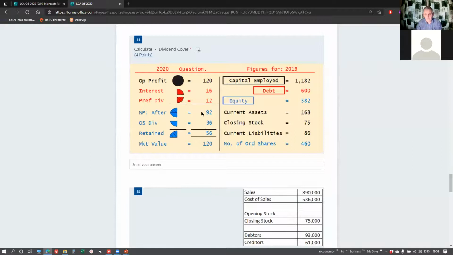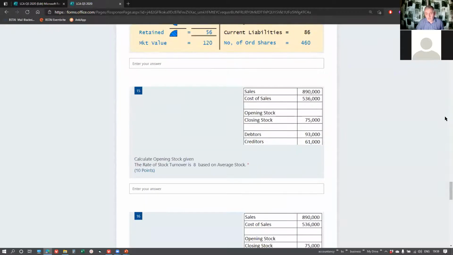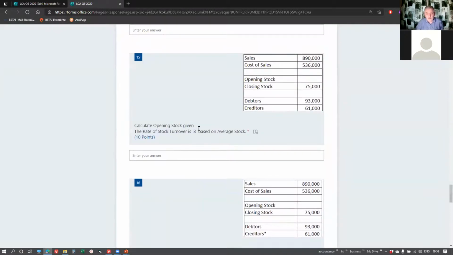Dividend cover, I know some people do it as EPS over DPS, but I don't have EPS here and I don't have DPS here, but it works exactly the same, and it's even quicker if it's the earnings over the dividend. It's exactly the same thing, earnings per share, dividend per share. So it's literally 92 divided by 36, and the answer is in times. And the bit I'm interested in, look at this now: calculate opening stock if the rate of stock turnover is 8.